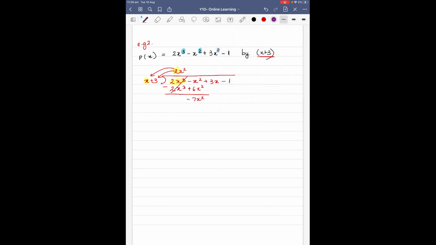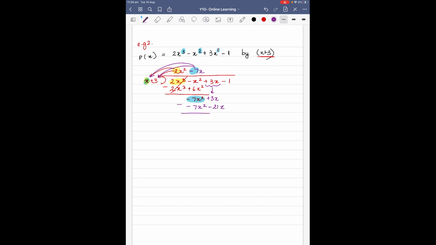We are going to bring down the next term, which is positive 3x. Okay, so the next one is x times something has to give you minus 7x. And we know minus 7x times x is minus 7x squared. Minus 7x times positive 3 is minus 21x.